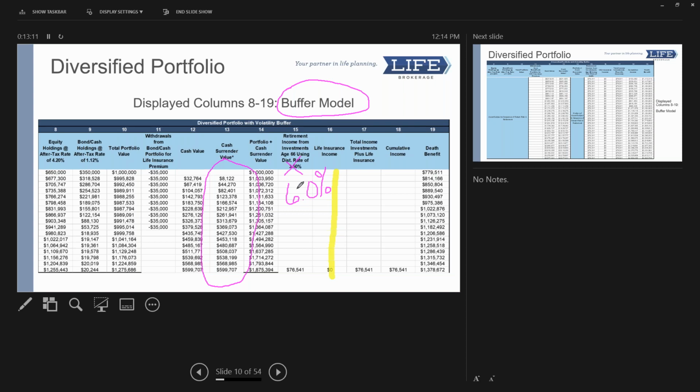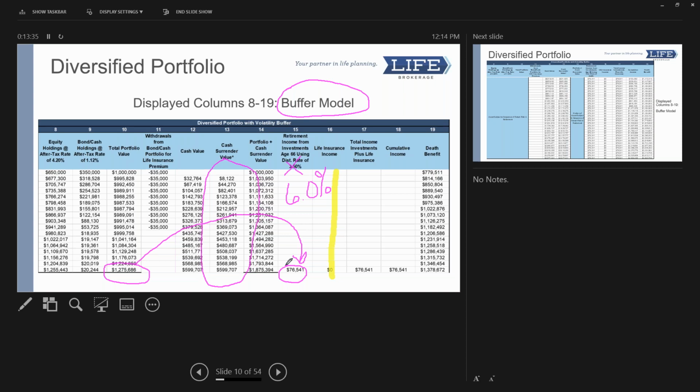I can't predict when the market's going to go up, when the market's going to go down. But the change here is that I'm going to take 6% of my portfolio value of $1,275,000 and grab $76,000 from my portfolio rather than $58,000 in the 3.5% distribution model.